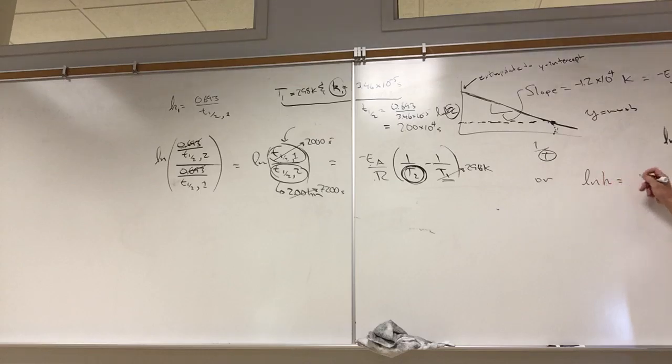ln of k is equal to minus EA over R 1 over T plus ln of A. See, if I knew the y-intercept and it was easy to read off the graph, I would have plugged that in here. Right? That's ln A is my y-intercept. I know what EA over R is because that's the slope. I know what K is because they want a K value that gives a half-life of 2 hours.